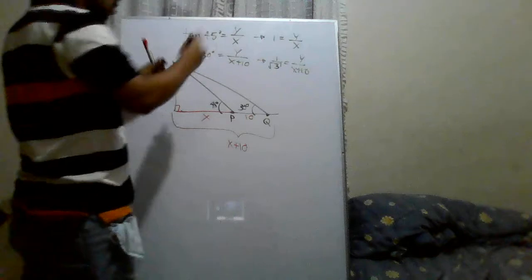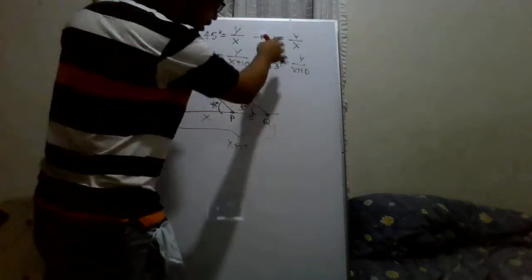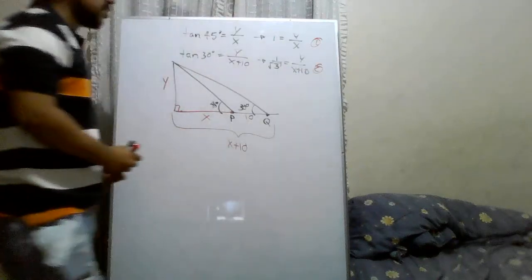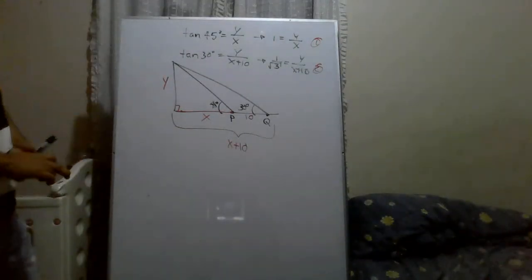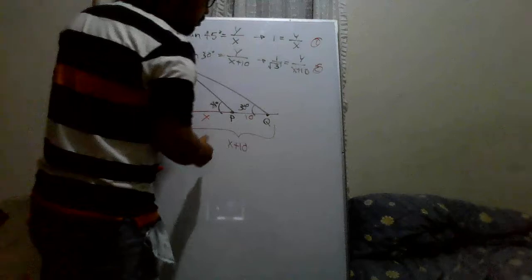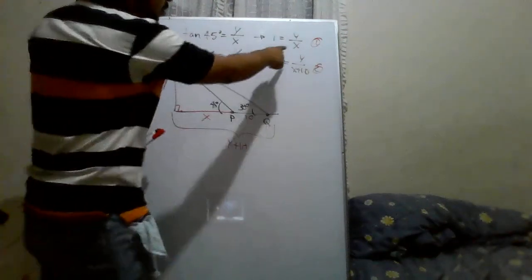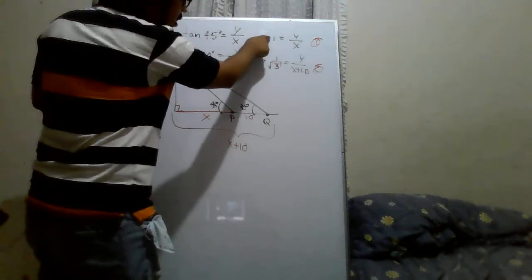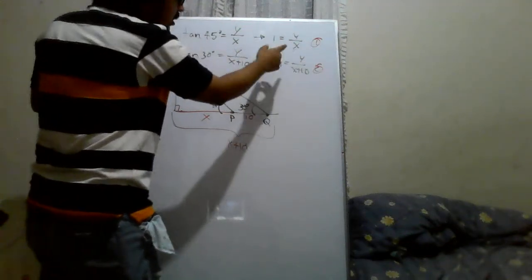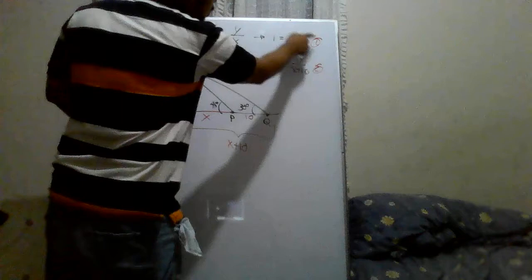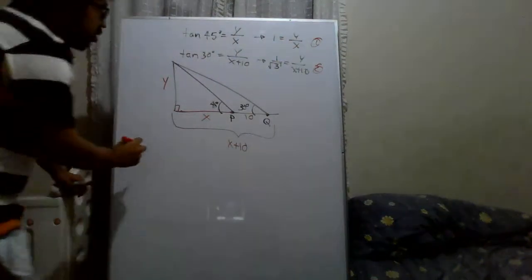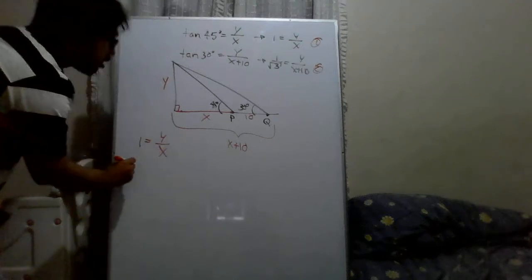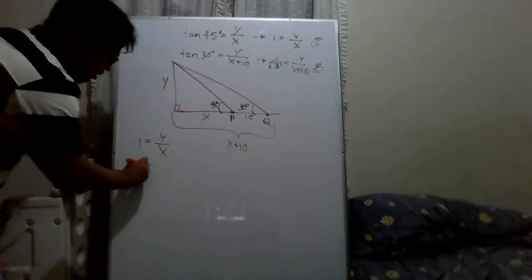And voila, you have a system of equations. This is equation 1, this is equation 2, and in algebra you learn how to solve this kind of system. For example, if 1 equals y over x, passing x multiplying, you have x equal to y.